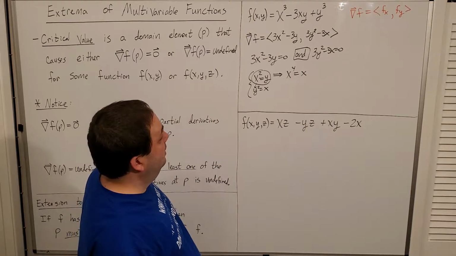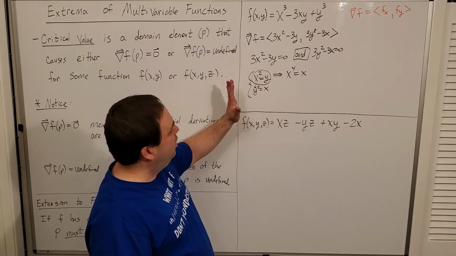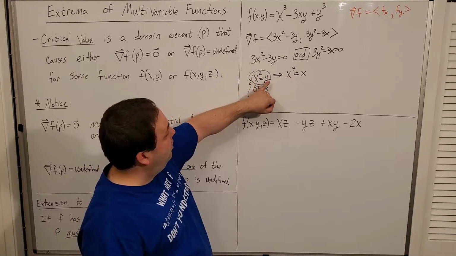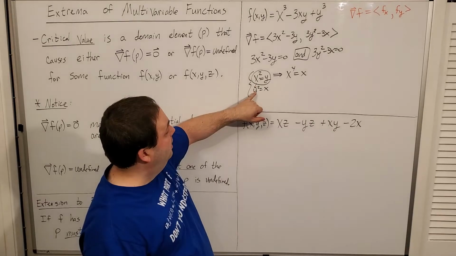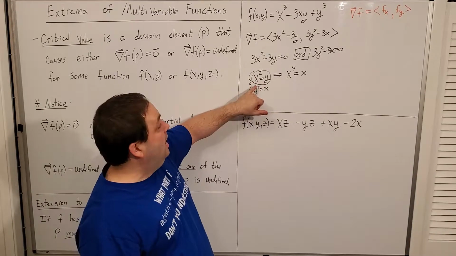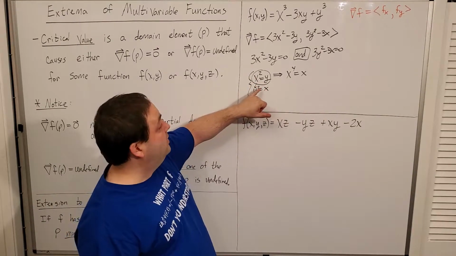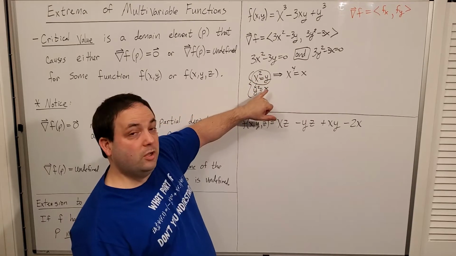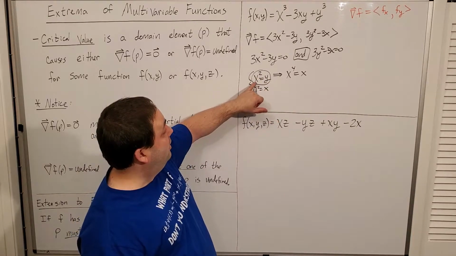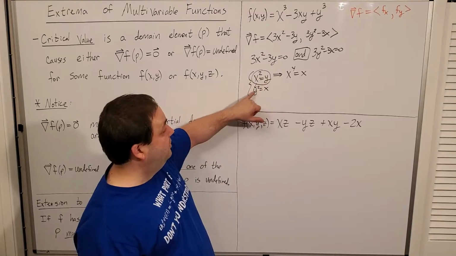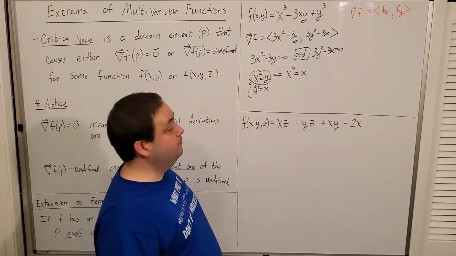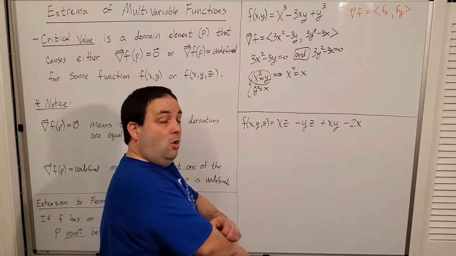Now I hope on the side you're already seeing that the only things that can square and give the other guy at the same time are going to be 0 and 1. -1 won't work on this one because they're not both squared in both equations. So if you try -1 in one of these, it'll eventually get rid of the negative and it won't work out. But let's go ahead and solve it.